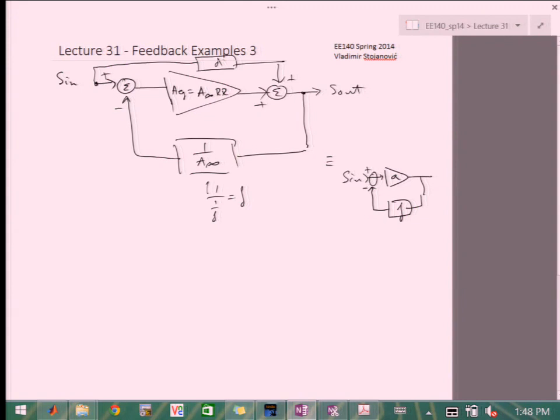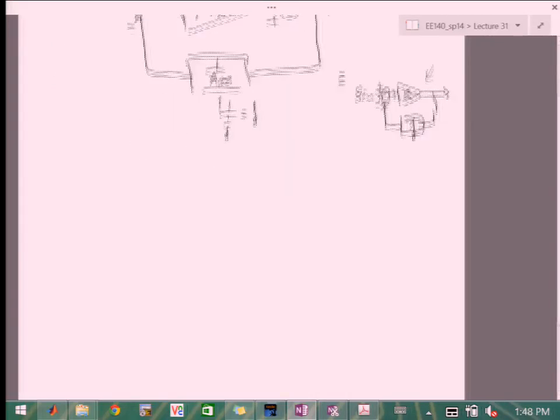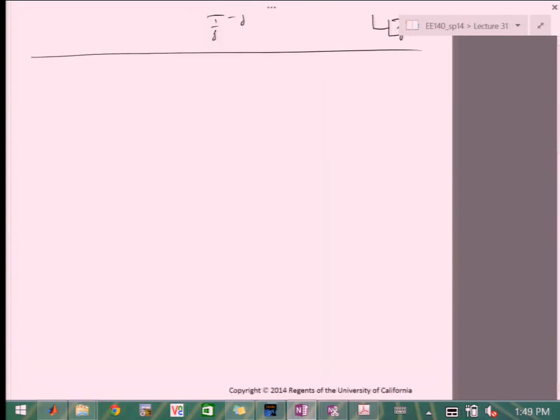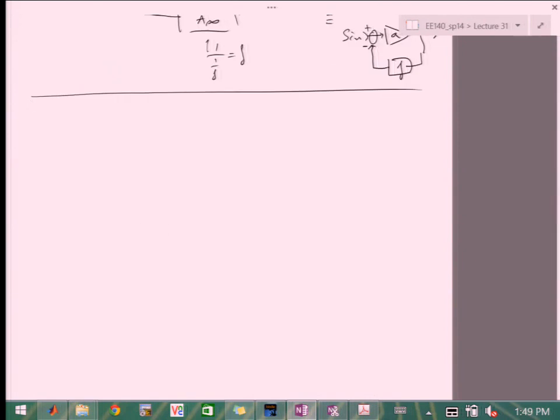So this model obviously doesn't capture D, this model over here. But if we say D is not that important, then you have some resemblance between A equivalent and 1 over F. Okay, so let's do an example, hopefully, because this is now a familiar one, it'll go quickly.